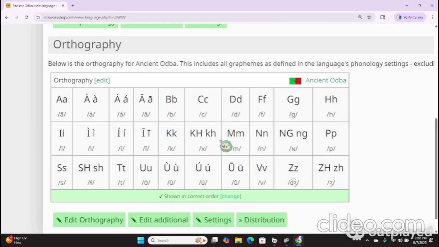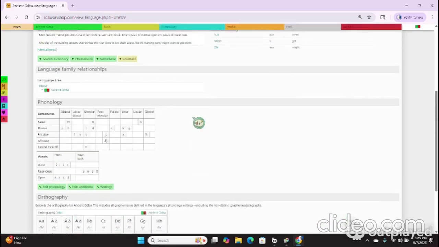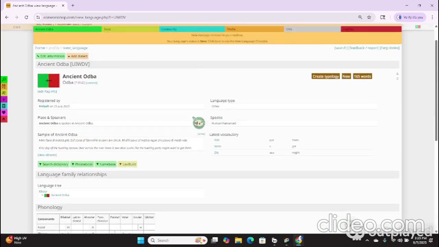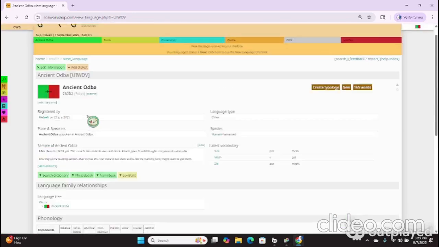Ba, ja, da, fa, ga, ha, ka, ha, ma, na, nga, pa, sa, sia, ta, and then the variants, va, ja. That's our phonology for this language.